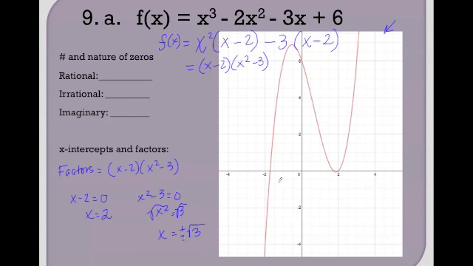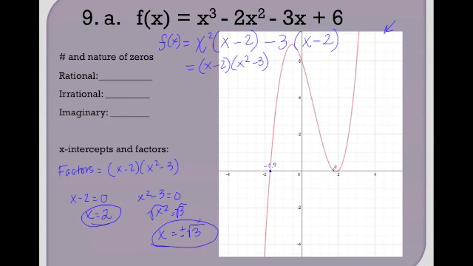And what I want you to look at now is how your answers here go along with the picture. Right here, this value is negative 1.7 something, which is the square root of 3.